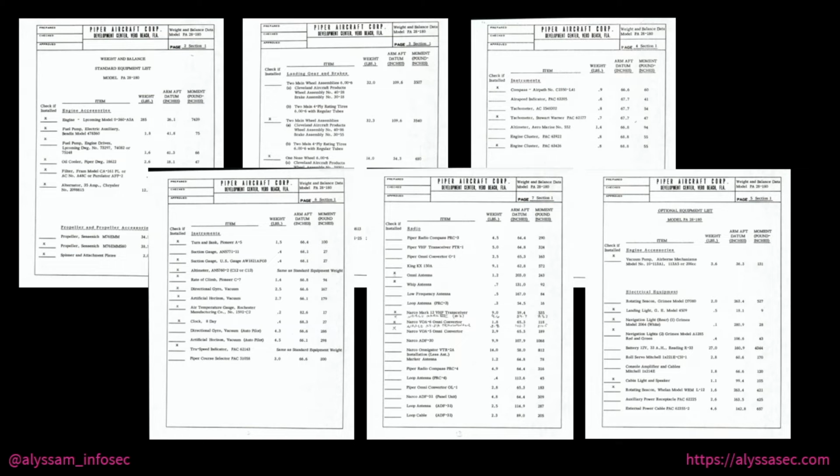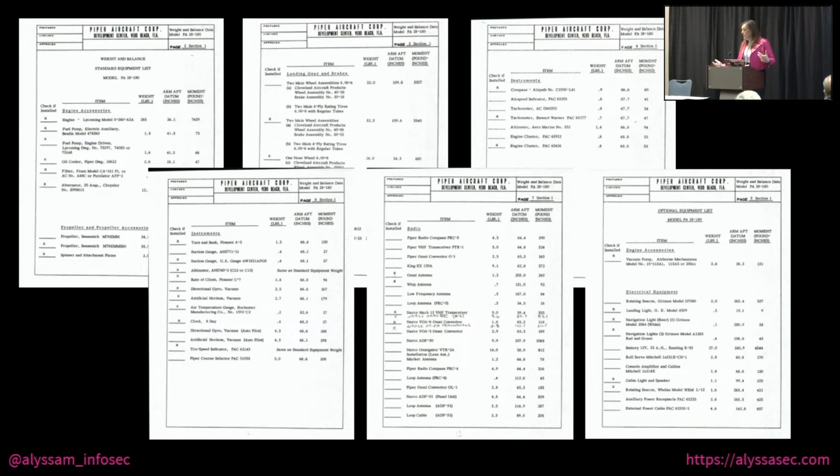And what that list is, that's basically everything that's installed in my aircraft other than the airframe itself, okay? And the reason they do this is so that, some of it's for weight and balance reasons and whatever, but as you make modifications to the plane, you can track what components you have in there.